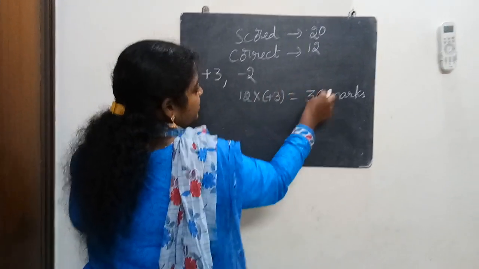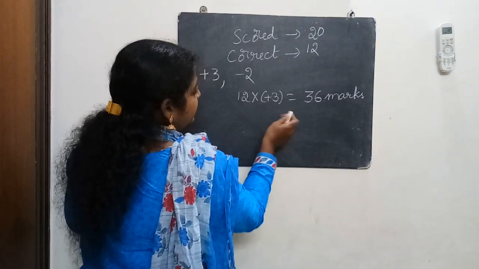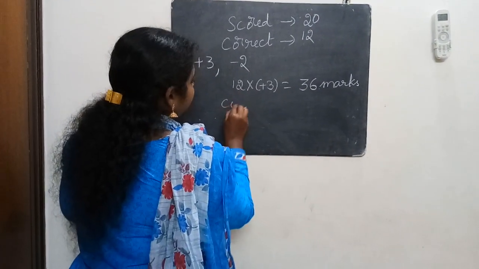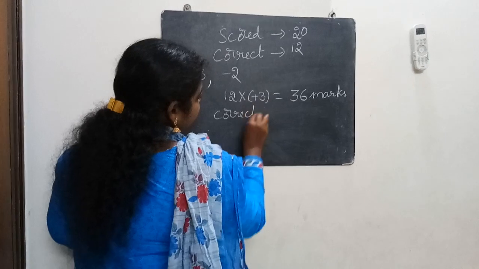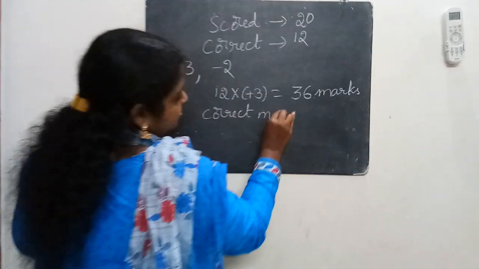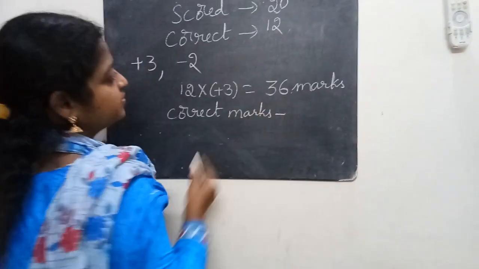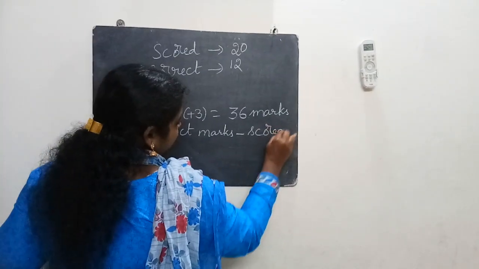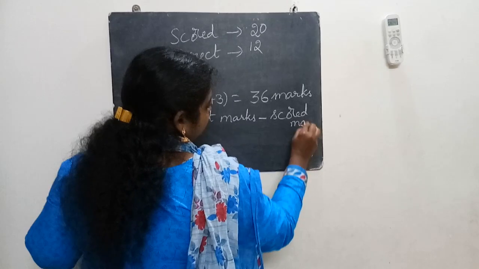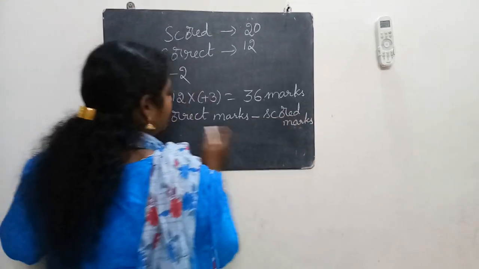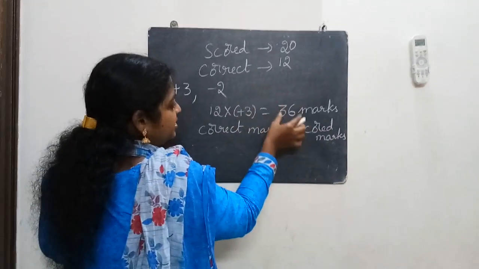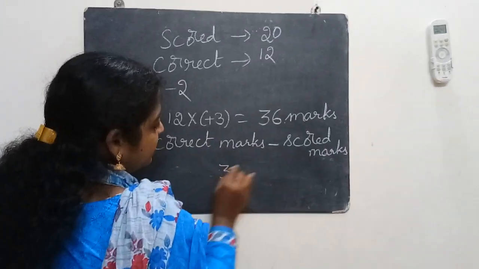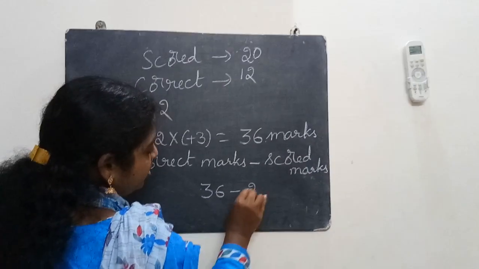So subtract these two: correct marks minus scored marks. Here you can see the correct marks are 36 and the scored ones only 20.